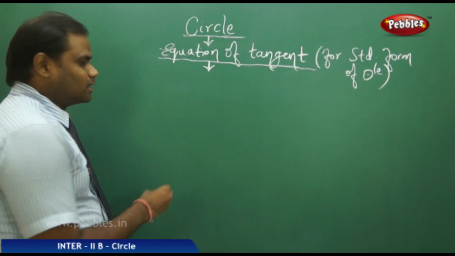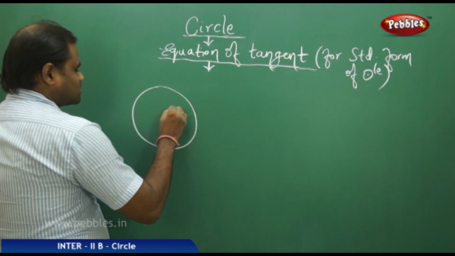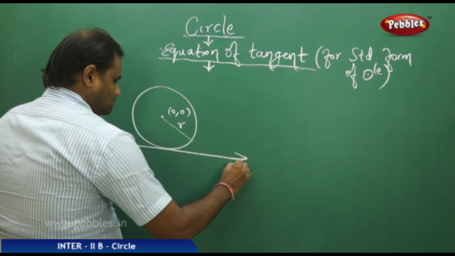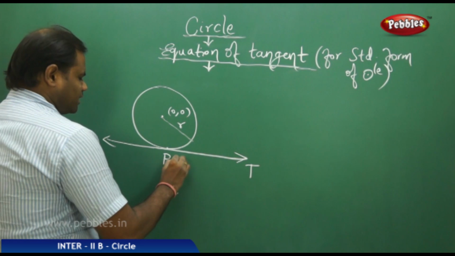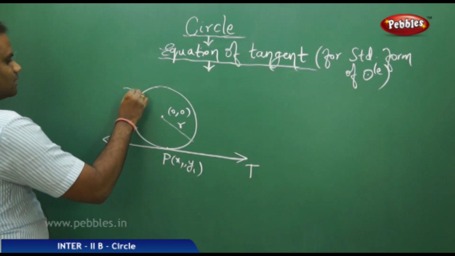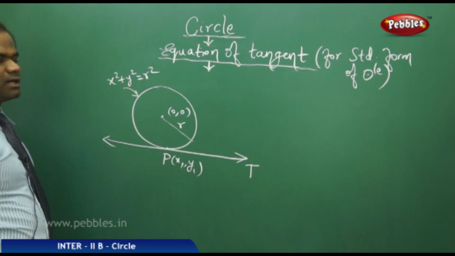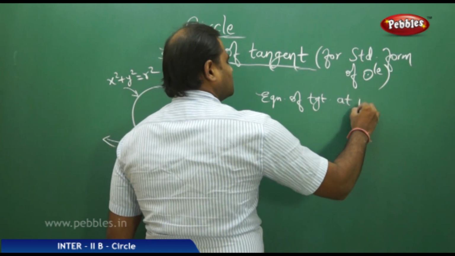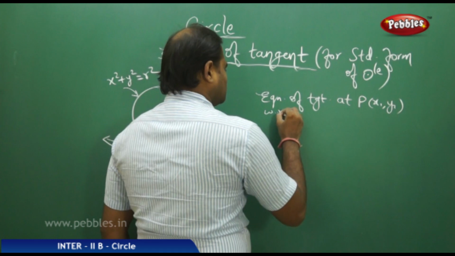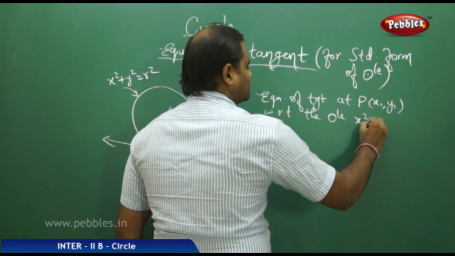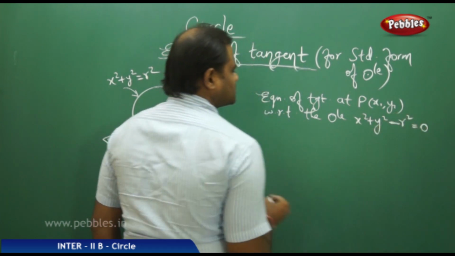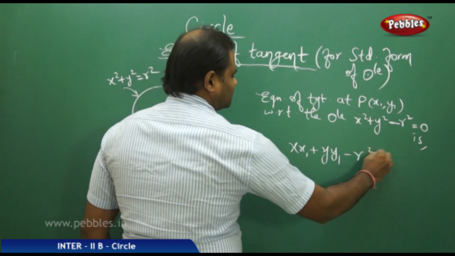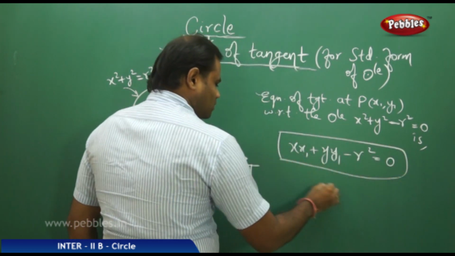So if I have a standard form of circle, say a circle with center as origin and radius r, then the equation of tangent at P(x1, y1) for the standard circle x square plus y square equal to r square is given by xx1 plus yy1 minus r square equals 0.